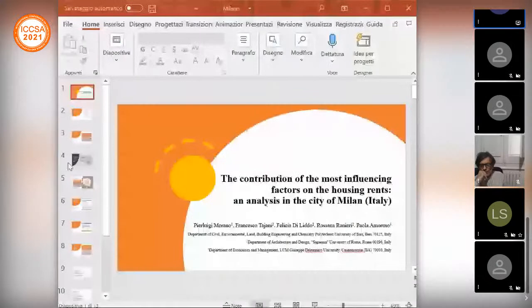The aim of this paper is to identify and discuss the most influential factors that have a bearing on residential rents. The methodology the authors chose revolves around evolutionary polynomial regression as an econometric technique. So I leave the floor again to Rossana, and maybe, Rossana, you could switch to presentation mode so that your slides would be better visible.